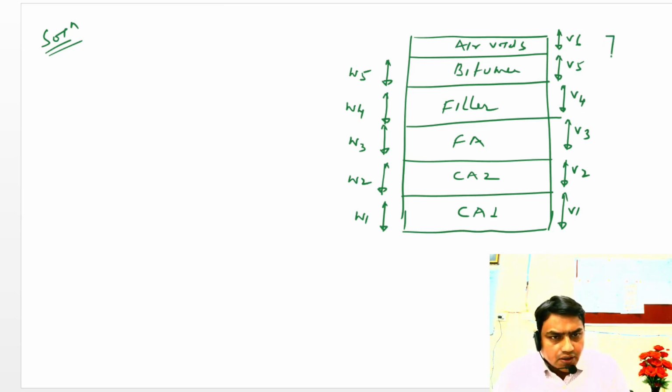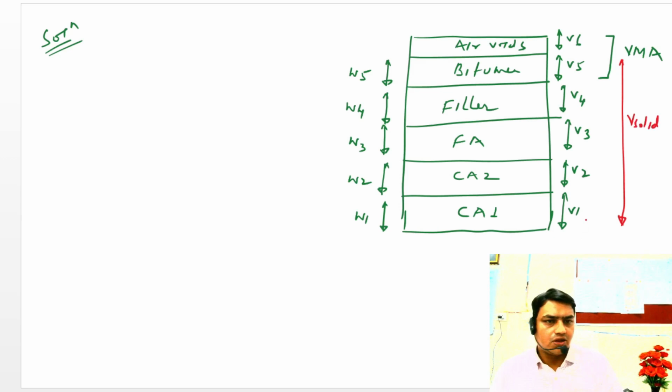This term is void mineral aggregate, and up to volume of bitumen, total is called volume of solid, and total volume is V1 plus V2 plus V3 plus V4 plus V5 plus V6.